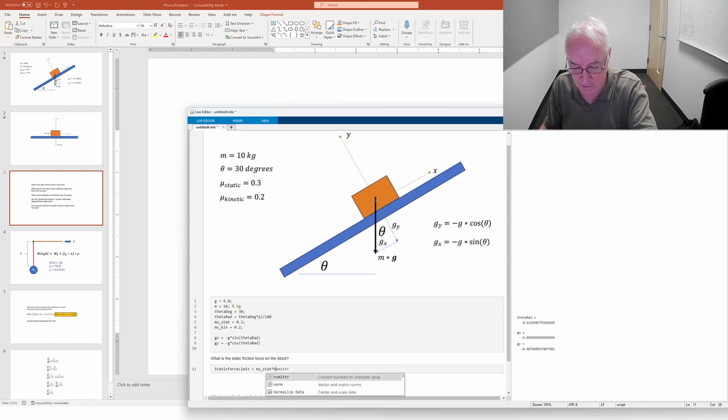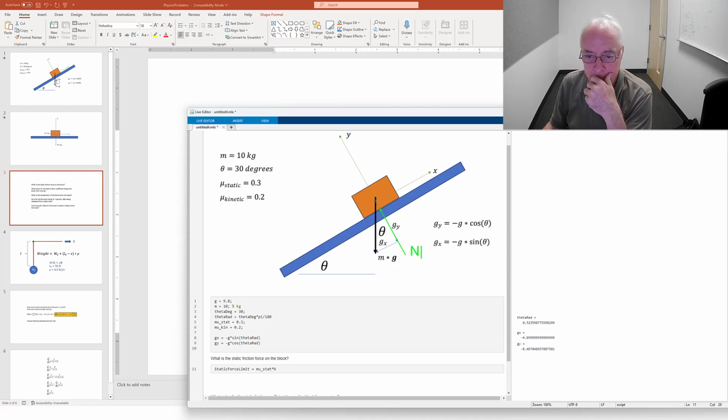Right, so what's N? It's the basic idea that the plane exerts a force on the box, and we generally call that N. All right, and so the forces on the box really are going to be the gravitational acceleration, at least in the y direction. That's why we went into y and x components.